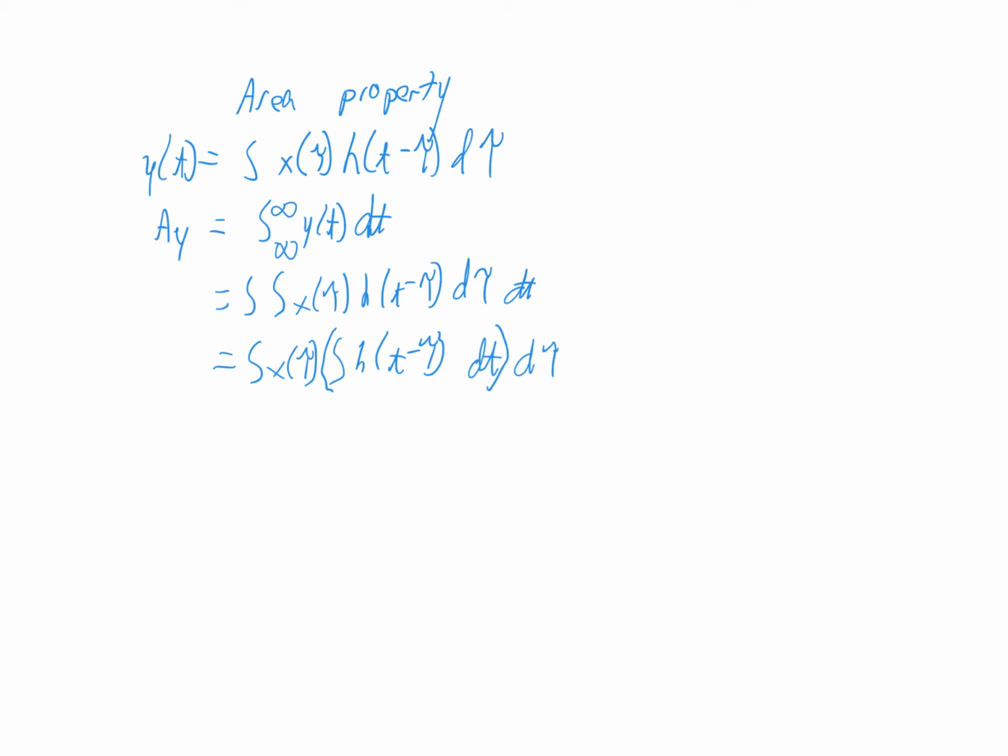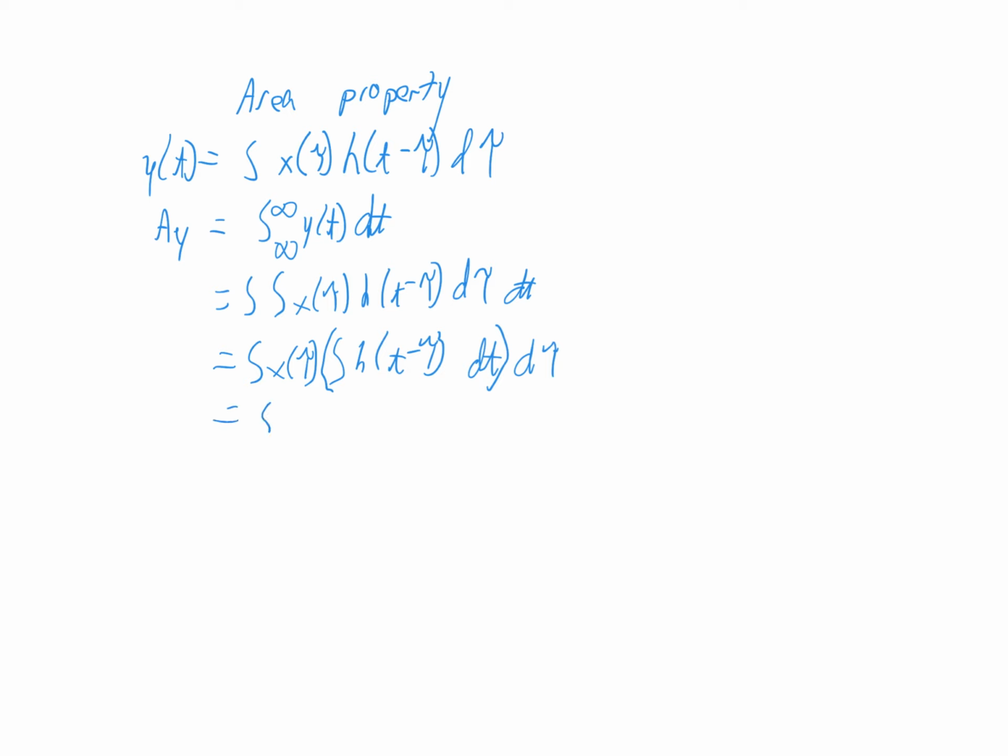And now what we see here, if we look at the integral in this form, is that from the point of view of this outer integral with respect to tau, I have this integral here times a function of tau. But it turns out this integral here, even though it looks like it has a tau in it, is going to be a known value no matter what the value of tau is.